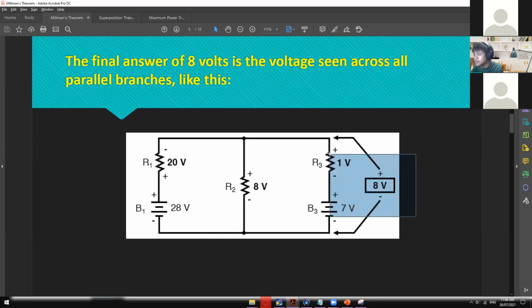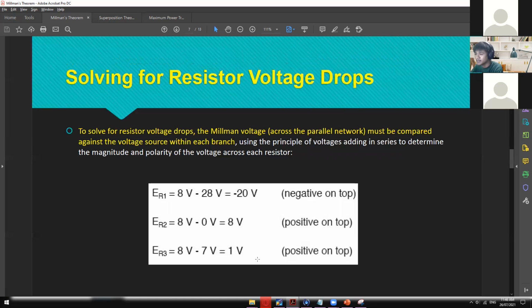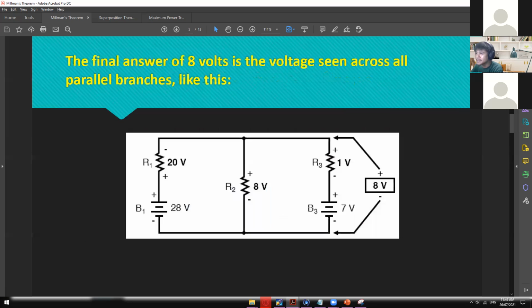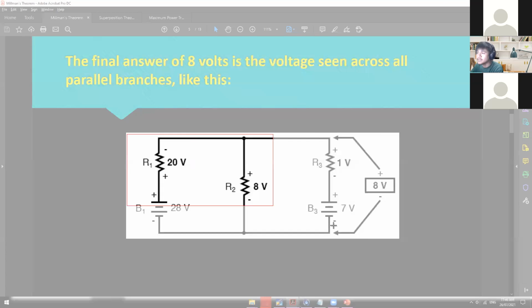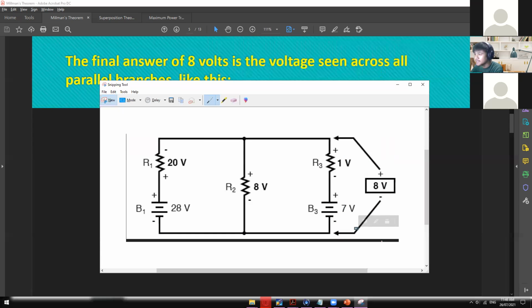Now, how did we get those values? So we have the computation part right here. Okay? So paano nyo malalaman kung tong positive ba to or negative? Okay, so this is very, very important. Please listen carefully kasi baka mapagbaliktad.